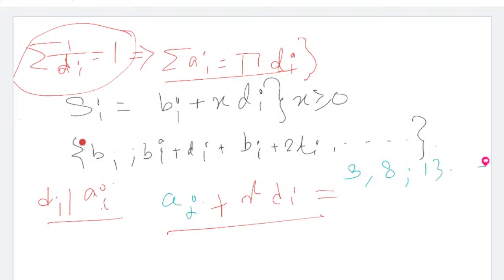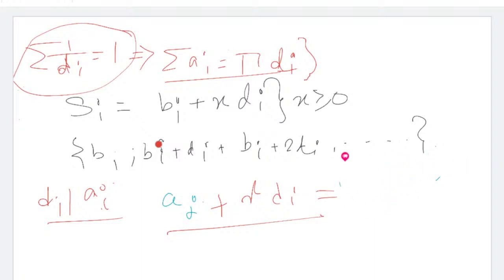So bi is 3, and the common difference is di, which is 5, right? So you are writing it as 3 plus 0 into 5, 3 plus 1 into 5, and so on, just how you write an AP. Okay, go on.